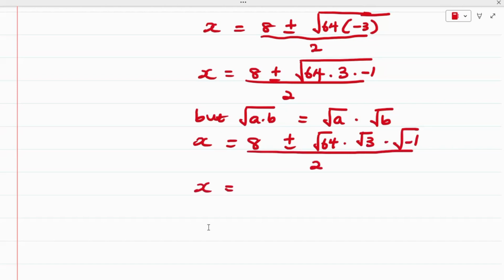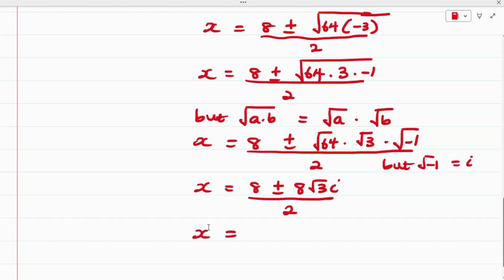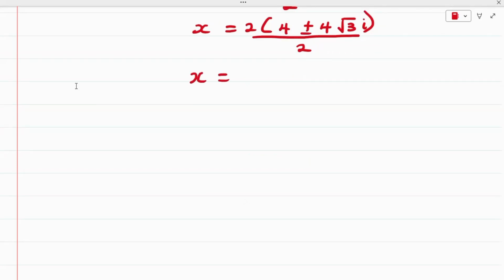So x is equal to 8 plus minus the square root of 64 is 8 multiply the square root of 3, but the square root of negative 1 is equal to i, so we have this to be i divide 2. So x is equal to, now if we factor out 2 we have 4 plus minus 4 the square root of 3i divide what? 2. So we have that x is equal to, this is going to cancel out this, so we have 4 plus minus 4 the square root of what? 3i.